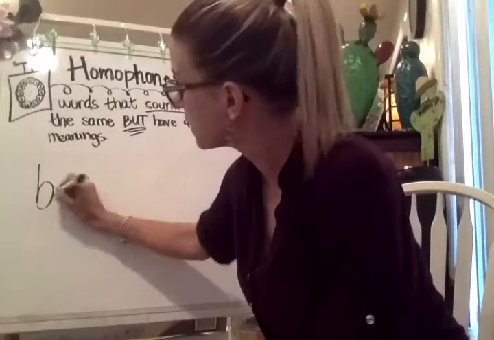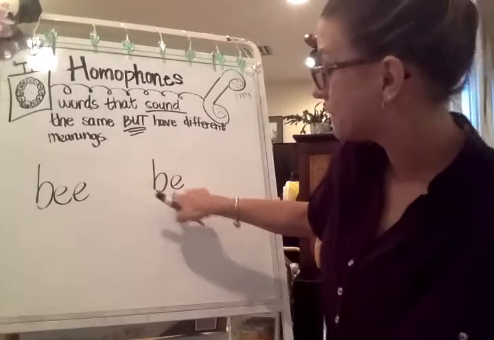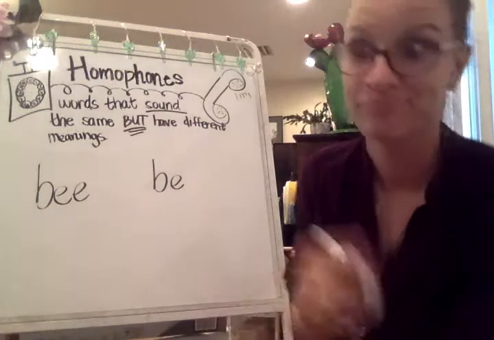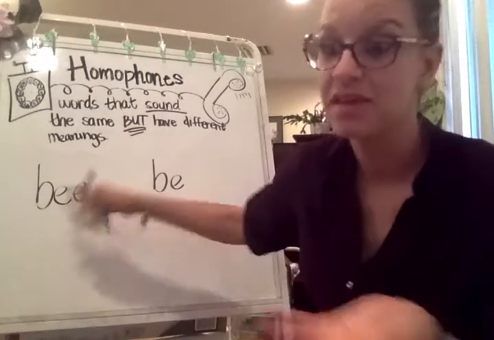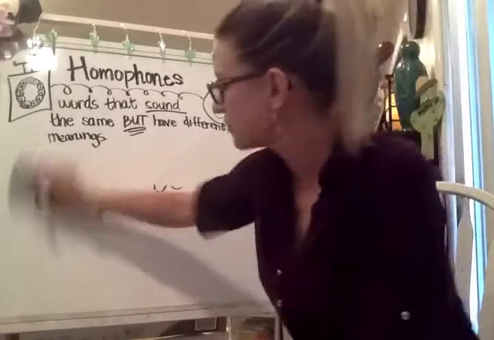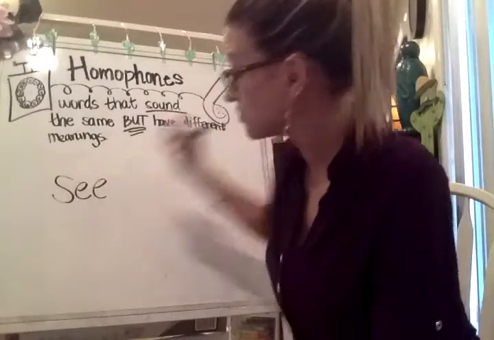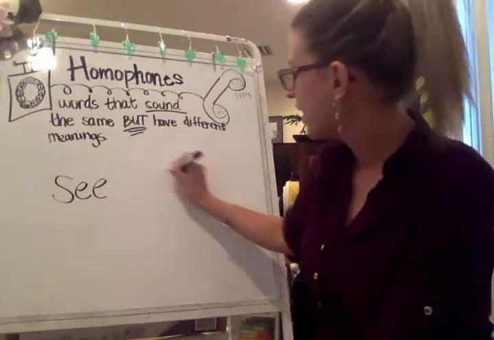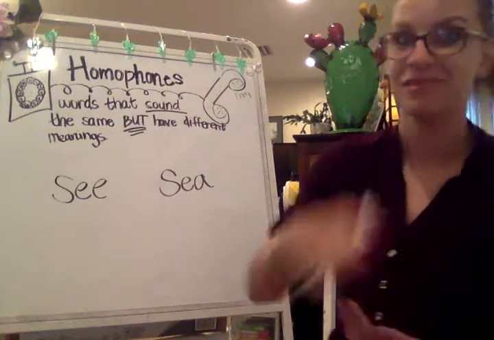I know. Be and bee. Please be nice. Bee. This is the little insect, the bee that buzzes around. So those are another pair of homophones. And then we've got see, like when you see something, you look at it. And the sea of the ocean, the sea.